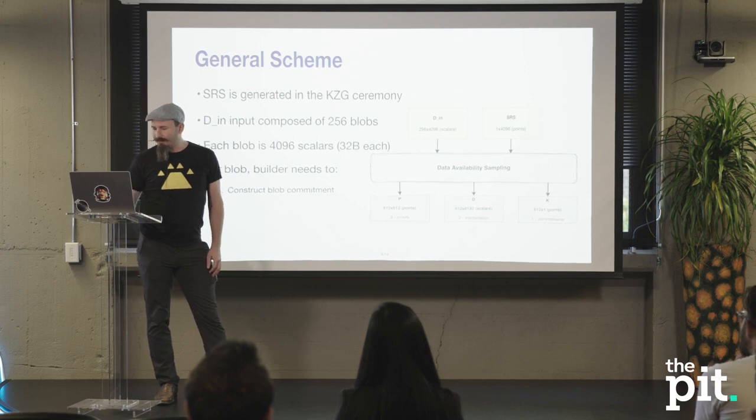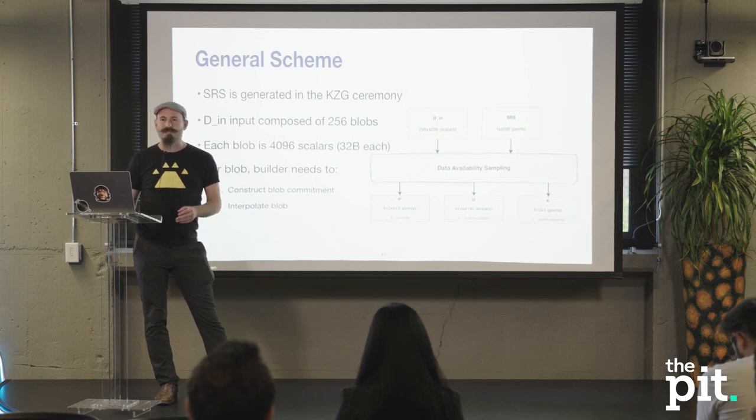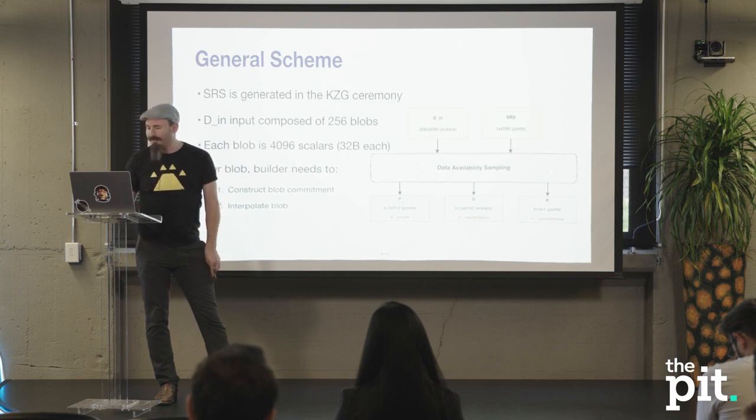The second branch is that we interpolate the blob, and we interpolate in two directions. So the blob of 4096 gets twice as long, to 8K, and we also interpolate the number of blobs times 2. So you can see the number of commitments is per interpolated blob, which is why there are twice as many as the number of blobs.